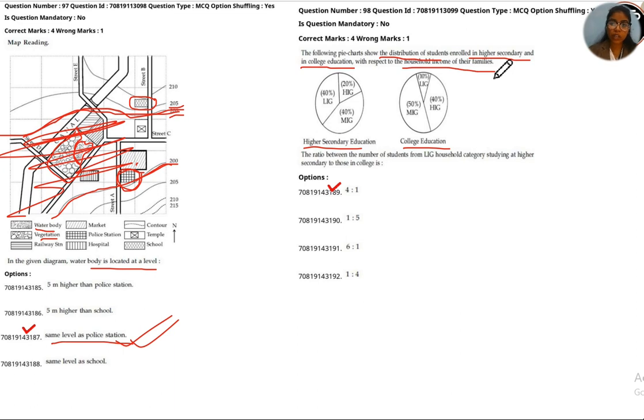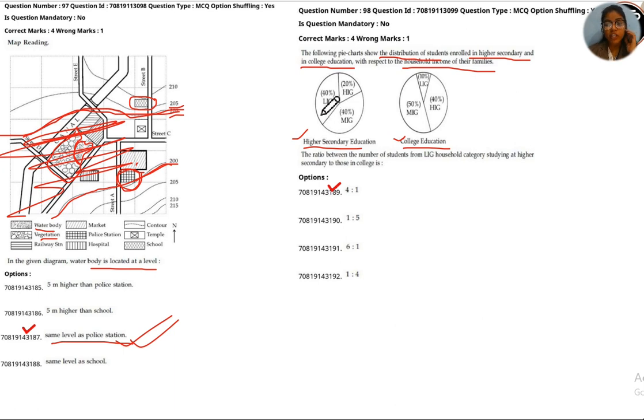With respect to household income, we categorize people on the basis of LIG, MIG, and HIG. LIG is lower income group, MIG is medium income group, and HIG is high income group. So in the pie chart, they have distributed the LIG, MIG, and HIG categories of students enrolled in higher secondary and in college education.